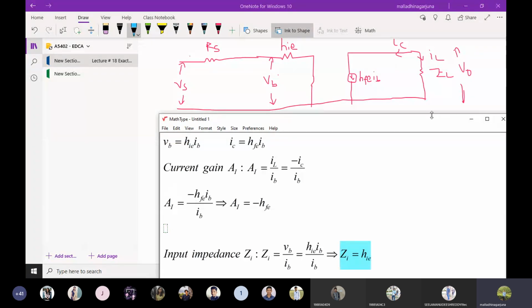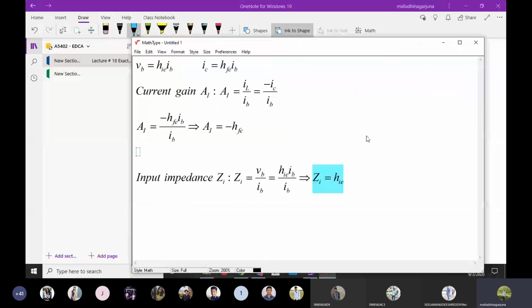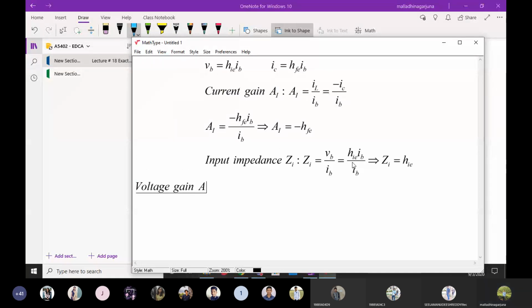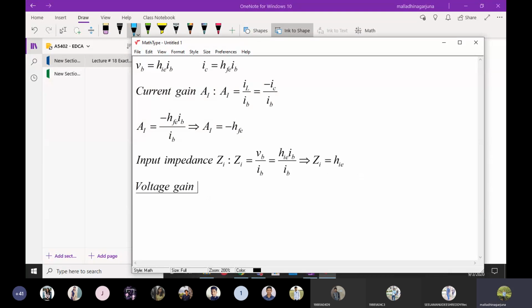Okay, so this is the input impedance, and the next one is voltage gain. Voltage gain is equal to output voltage by input voltage, that is VC by VB.